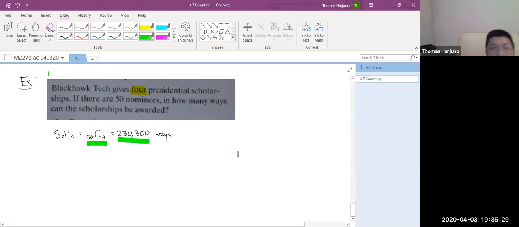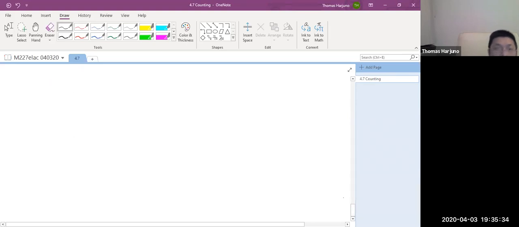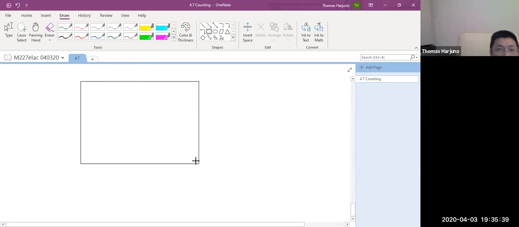Let's go a bit further. It gets more interesting now. I will try to put probability into this. Suppose I have a Venn diagram. Let's say in set A, I have 5 people and not A, 7 people. So how many people in total? 12 people.